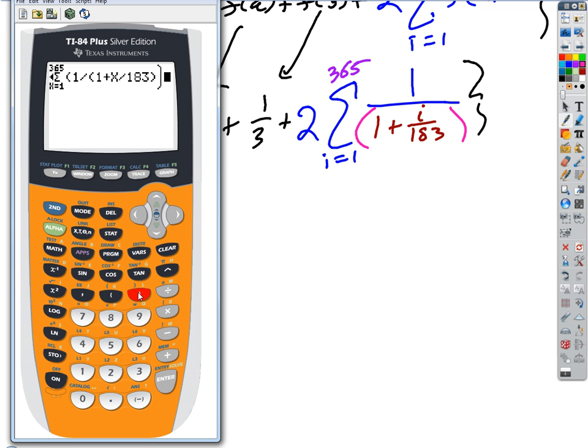The parentheses after 183 is the one for the bottom. But what about this guy right here though? Oh, we already had those there, I got you. You're right, yep, very good. So remember, you gotta hit second insert. I guess it did it for me, there we go. Perfect.